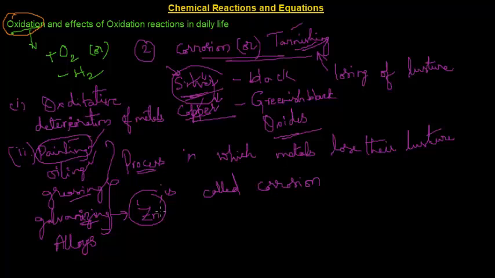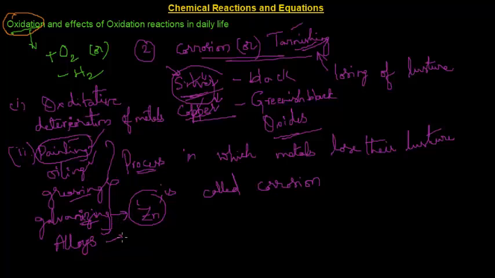Zinc will not react with oxygen at room temperatures or in presence of moisture. So, zinc is given as a coating to metals which are reactive to oxygen in presence of moisture at room temperatures. This is known as galvanizing.